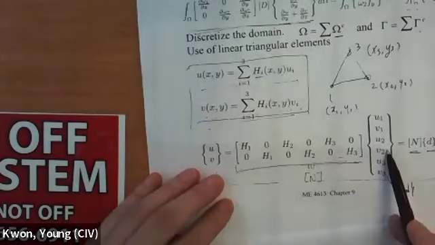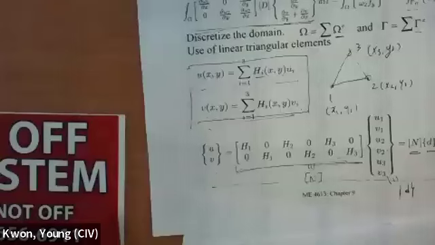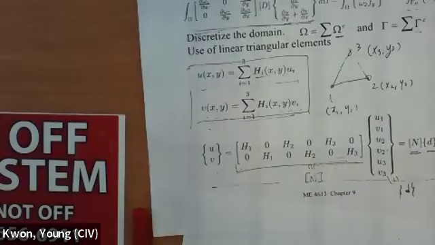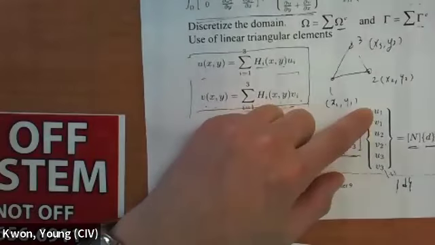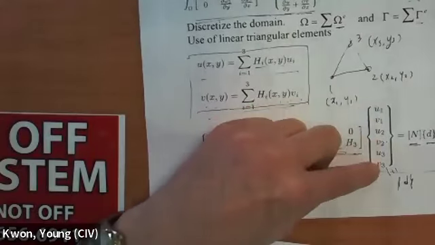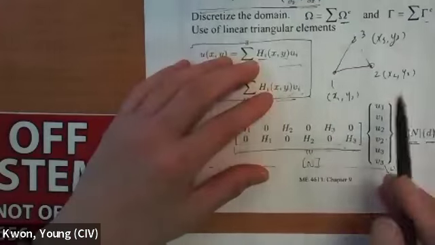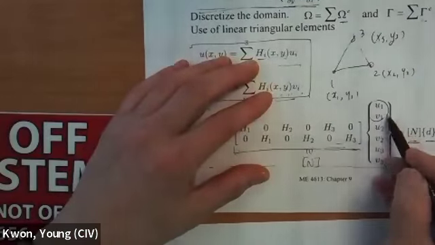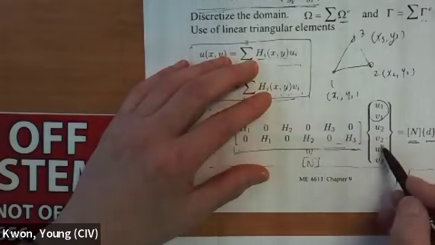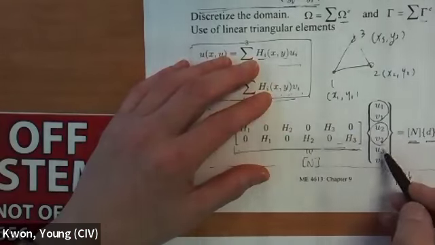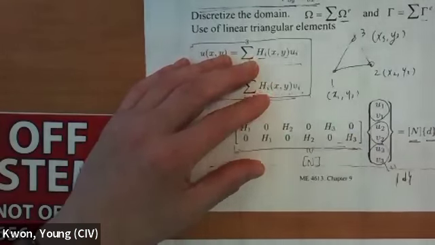Here you have a choice in arranging the vector. This is the choice we prefer: U1, V1, U2, V2, U3, V3. That means a set of displacements at the first node, a set at the second node, a set at the third node.